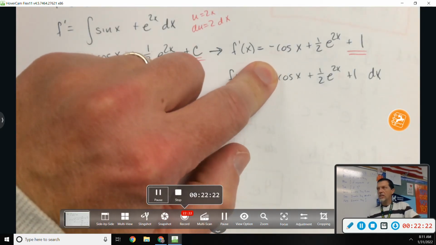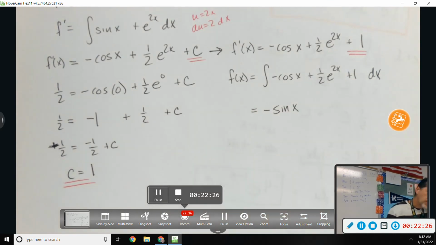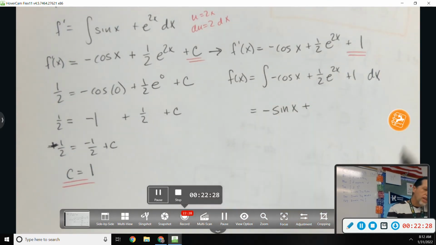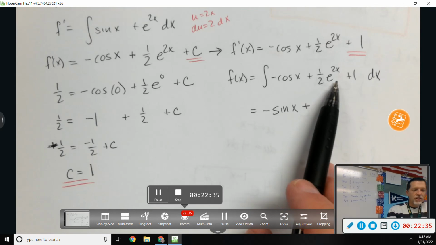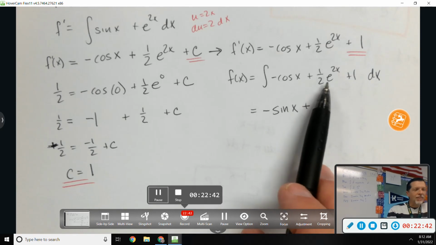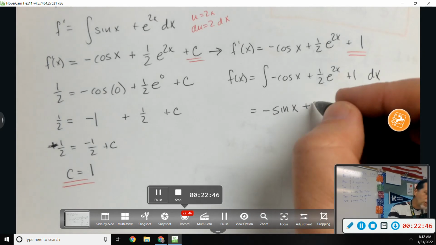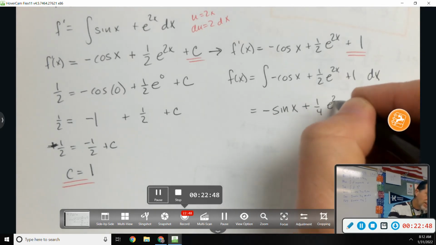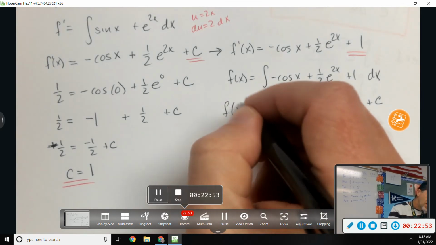Sine. So negative sine of x. Oh, I should call on Andrew again because he got this one right the first time. The antiderivative of e to the 2x is half. So what's the antiderivative of 1/2 e to the 2x going to be? Probably 1/4. And then plus x plus c.